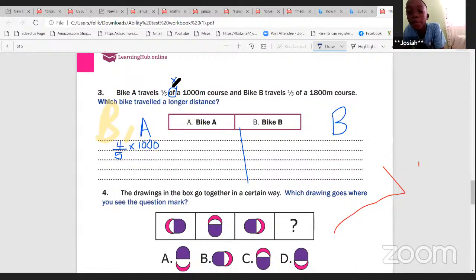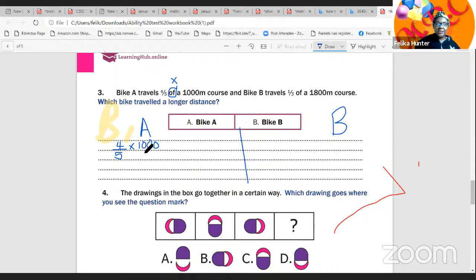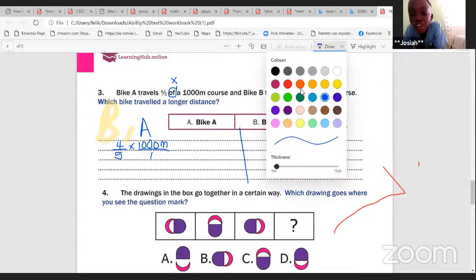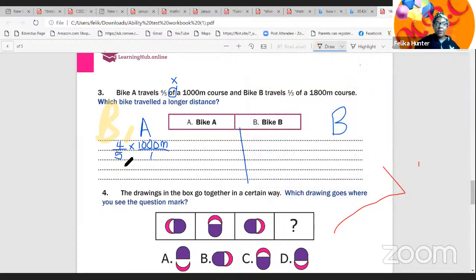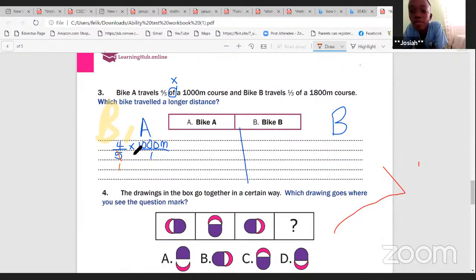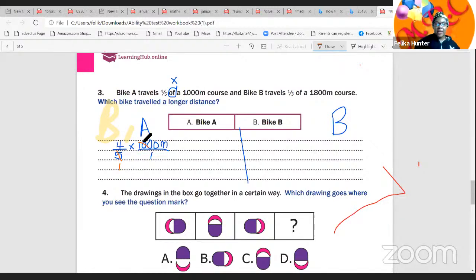Miss, 1,000 M over 1. 1,000 M. All right. So we keep our M for a meter. Over 1. Miss, cross out the 5. Okay, so we're going to simplify now. 5 into 5, 1. Cross out the 10. 5 into 10, 2.